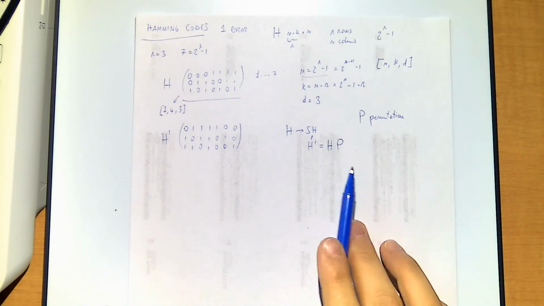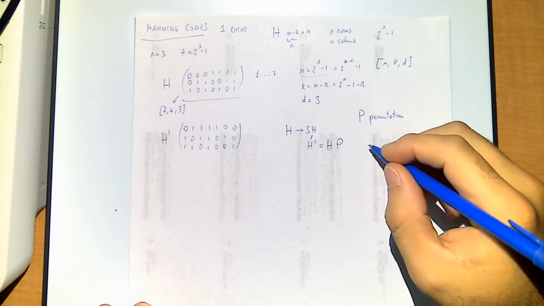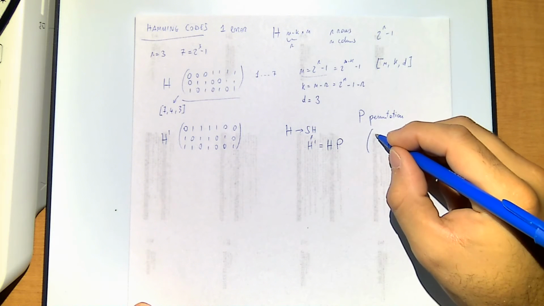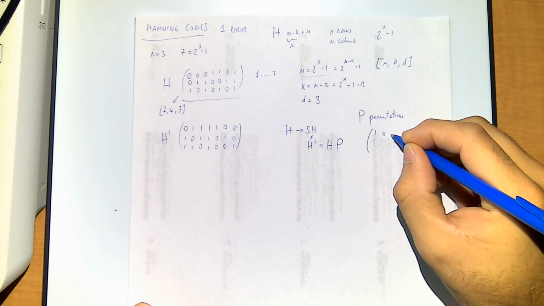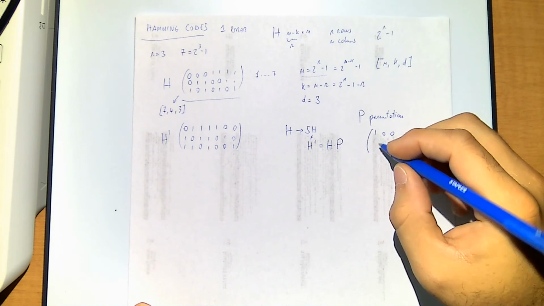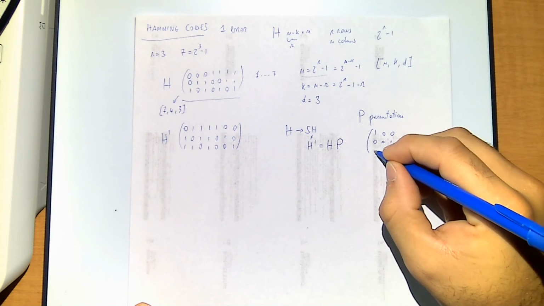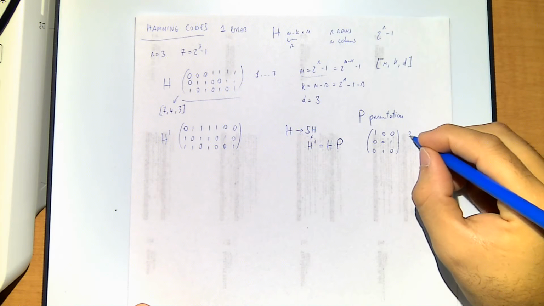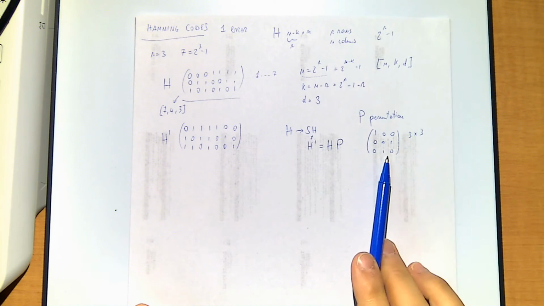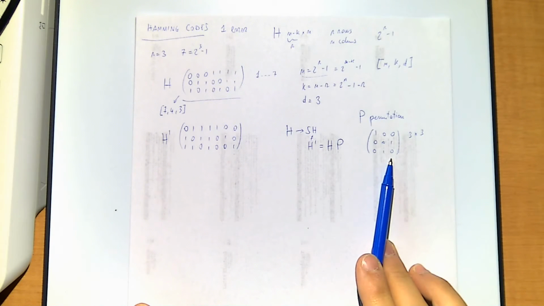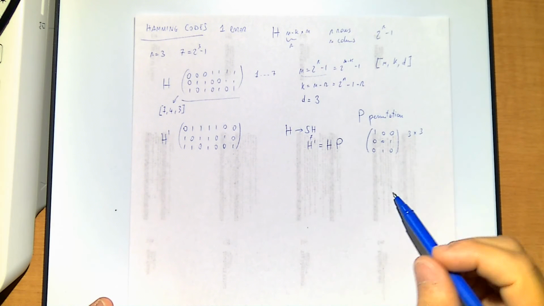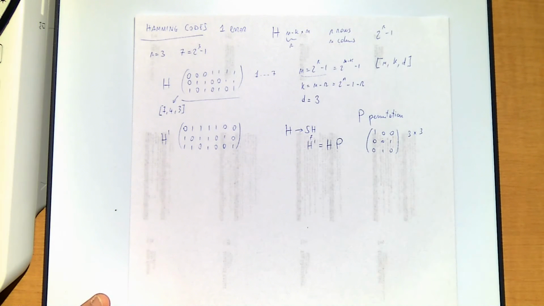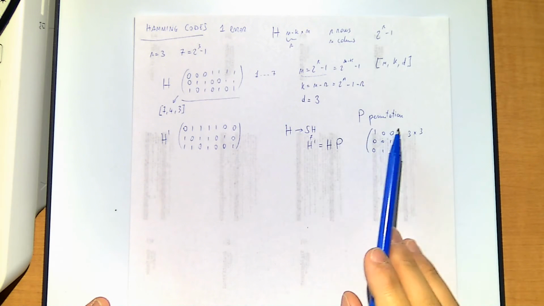Because what this P does, a permutation matrix is a matrix of the form, for example, 1, 0, 0, and then 0, 0, 1, and then 0, 1, 0. This is a 3 by 3 permutation. And what this is doing is exchanging the second and third column. You see that? Because the identity would be 1, 1, 1, and this is swapping the second and third column. So that is what a permutation matrix is.